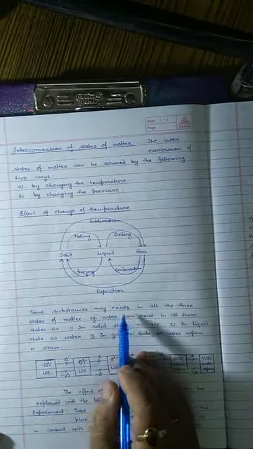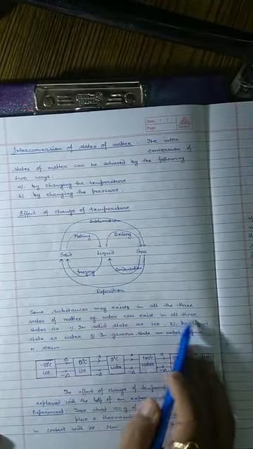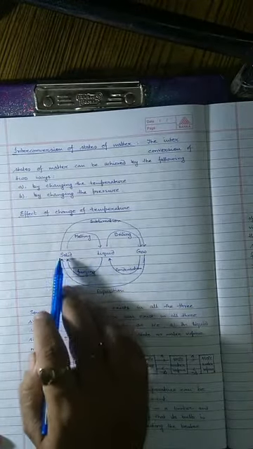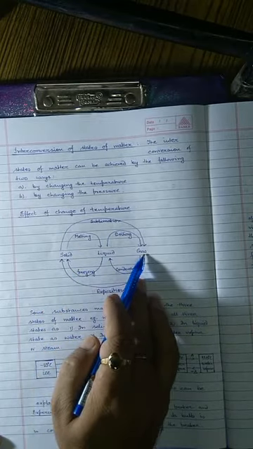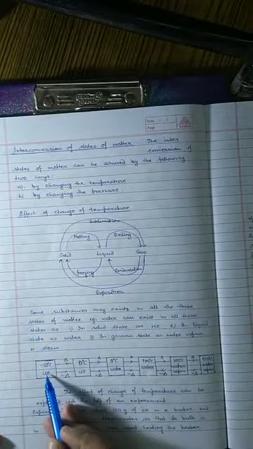Now, some substances may exist in all three states of matter. For example, water can exist in all three states: ice, water, and water vapor. Here I have taken an example of ice.